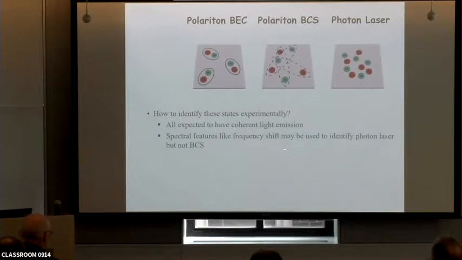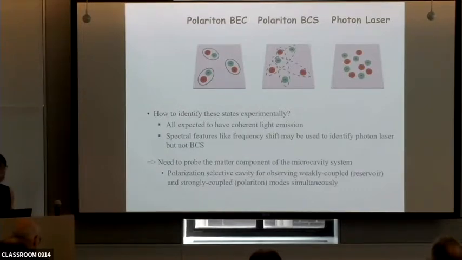The spectral features have been used to distinguish the Polariton laser and the photon laser, in the sense that the photon laser should lase at the cavity frequency, often accompanied by a sudden jump of the emission frequency when one reaches the threshold. That has been the most common way to distinguish between photon and Polariton laser. But for both the BEC and the BCS state, we would expect a gradual frequency shift and emission frequency much below the cavity resonance.